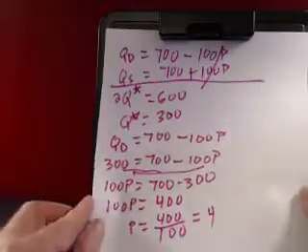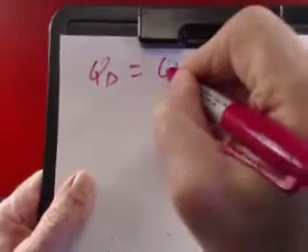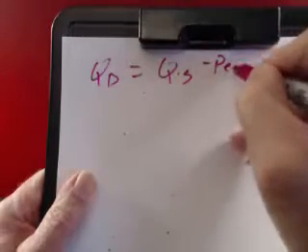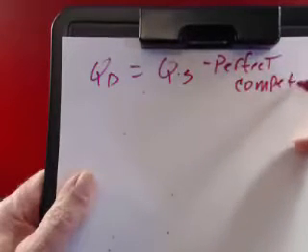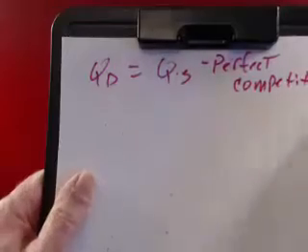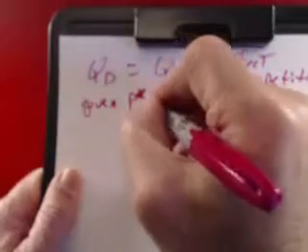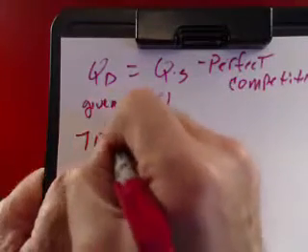All right, so what we're going to do next is just check this. Recall equilibrium, the demand and supply sides are equal, perfect competition. So given P star equals 4, we'll put these equations together.